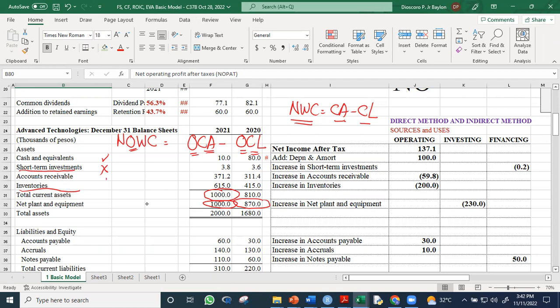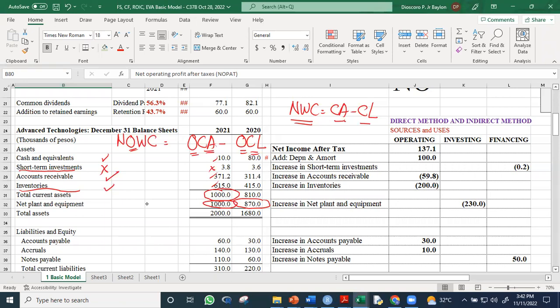Accounts receivable is okay, and inventories is okay. So of all of these four items, your cash and cash equivalents, not including short-term investments, accounts receivable, and inventories are included for your operating current assets. And then we will subtract the operating current liabilities.